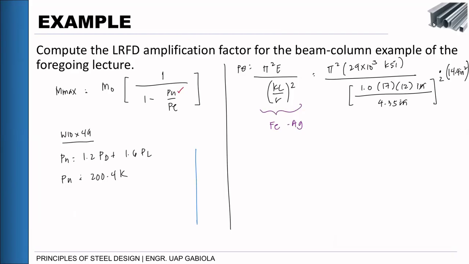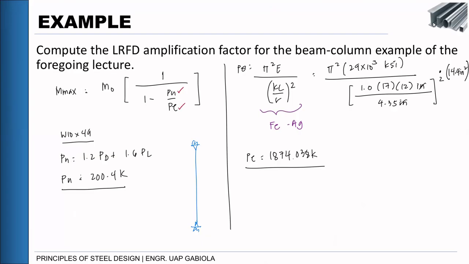So, titira is in kip. So, that is pi squared times 29,000 times 14.4 divided by (1.0 times 17 times 12 over 4.35) squared. That is 1874.038 kips. Okay. So, ito na yung Pe natin. So, okay na tayo sa Pe.